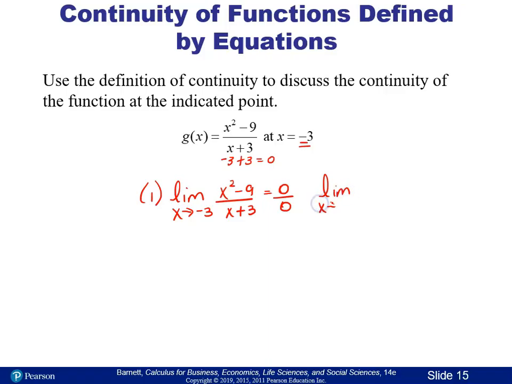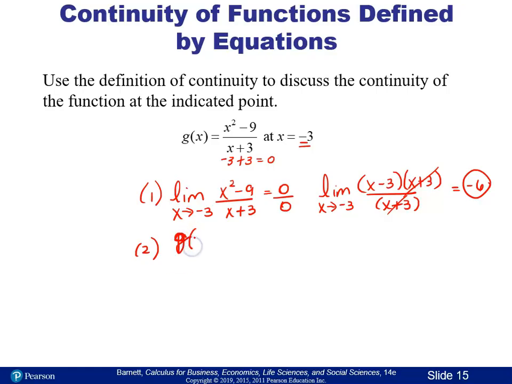So let's look at if we were to factor it, which is what we do with the indeterminates, try to factor them. Here we get that common factor. So if I plug -3 in and take that limit, that's going to give me -6. If I look at the function value, in this case it is g, not f.